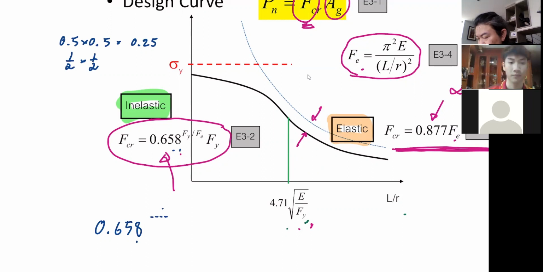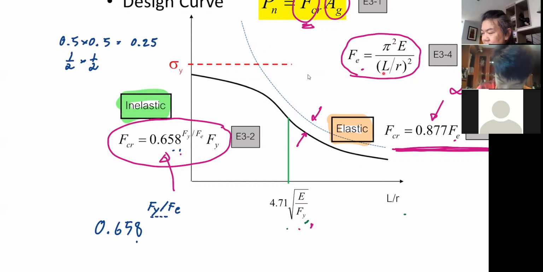But look at the power itself. It's Fy over Fe. So the fact that you have a large number for Fe is okay, because now the power is less than 1, so this number shall go up. And besides, it's not your critical buckling stress, it's your elastic buckling stress. You see this formula will bring it down. Remember this dotted line here? This is the theoretical curve coming from this formula.